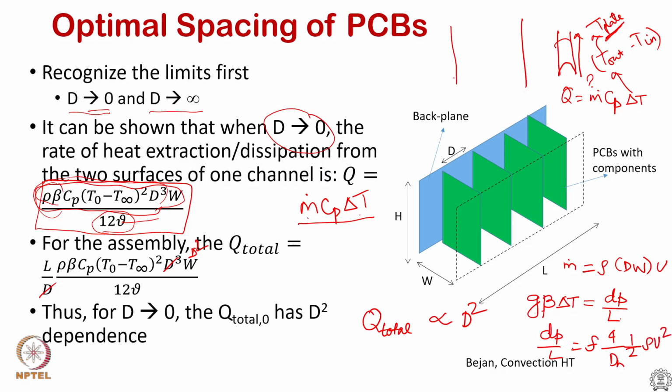With this, I can calculate u by substituting over here, taking that velocity, plugging it into the mass flow rate, and plugging that into the q equal to m dot Cp delta T expression. And then, because there are n number of plates, here 4 plates are shown, that can be obtained assuming L by D, because we are ignoring the thickness of the plate. So, that is the expression for d tending to 0, or the fully developed flow limit.